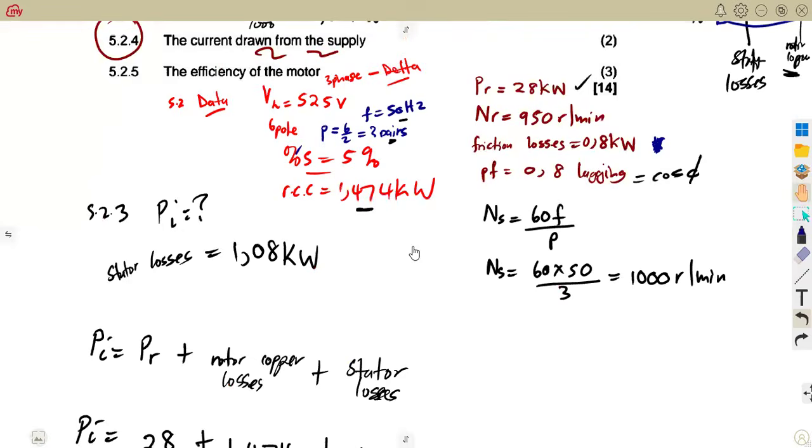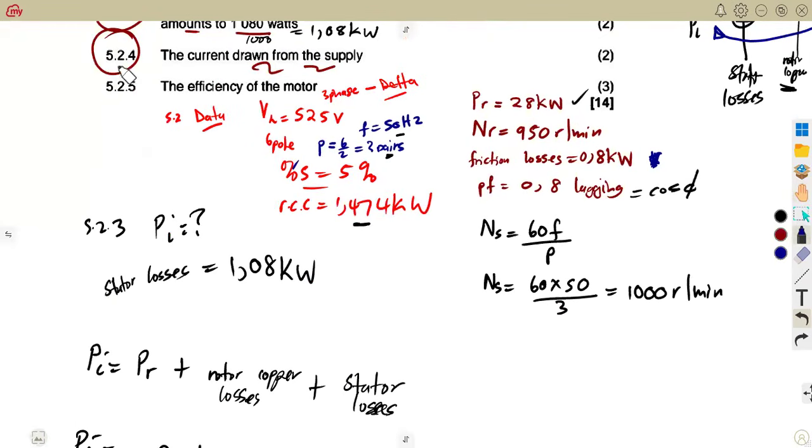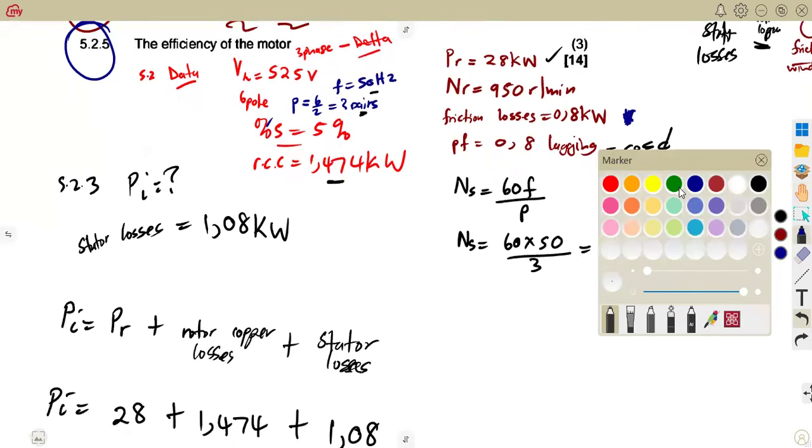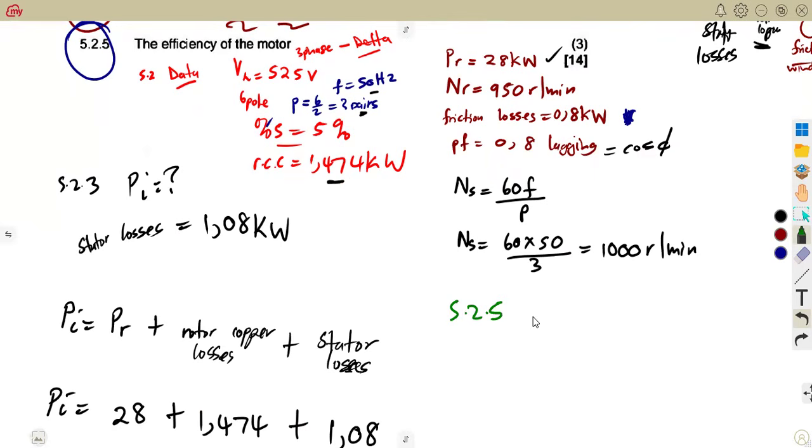Then from there, they want you to calculate the efficiency of the motor. Efficiency. How are we going to obtain our efficiency? So if we are calculating the percentage efficiency, remember efficiency always, there must be output and input to be considered there, times 100% for the percentage value.